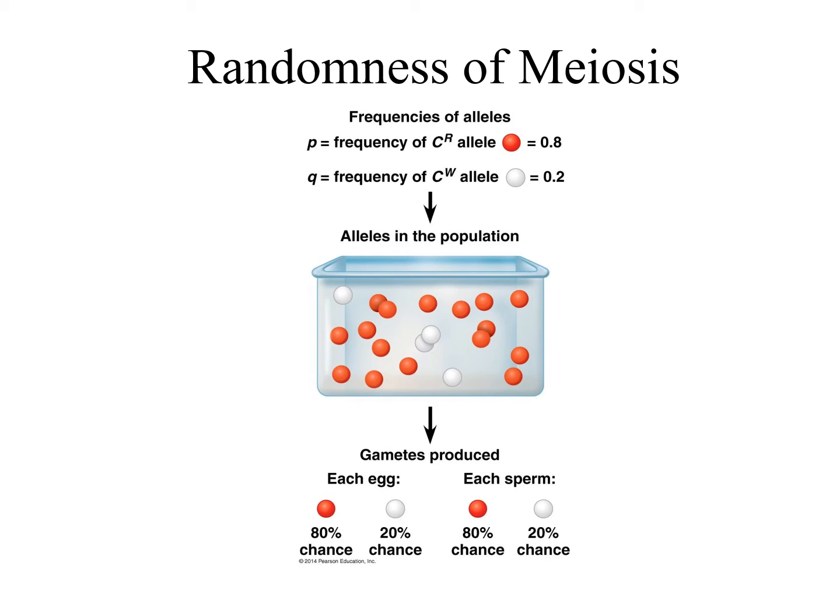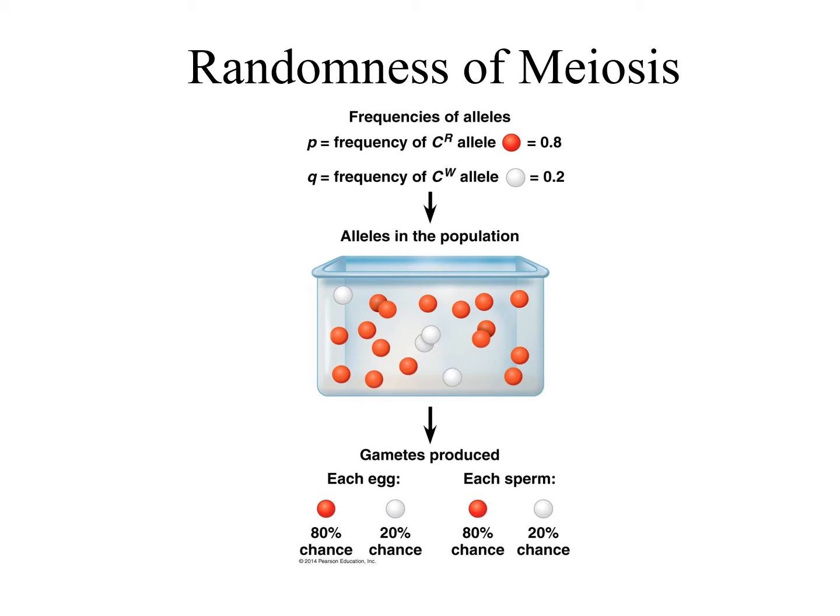So here's an example in your book. Imagine we have this population where the frequency of the red allele, which we're calling p, is 0.8, and the frequency of the white allele is 0.2. When the adults in that population go to make their gametes, the males, 80% of the gametes should have the red allele and 20% should have the white allele.